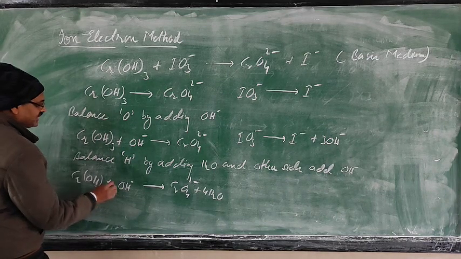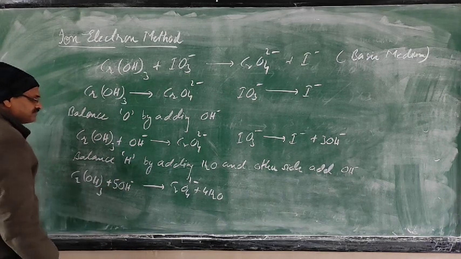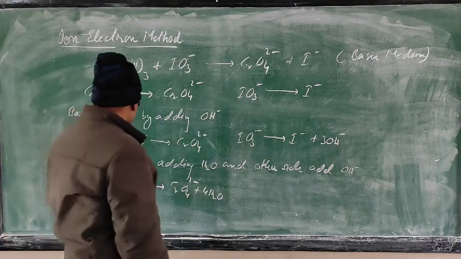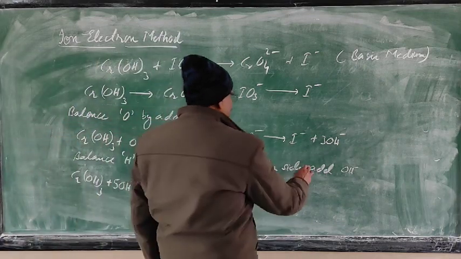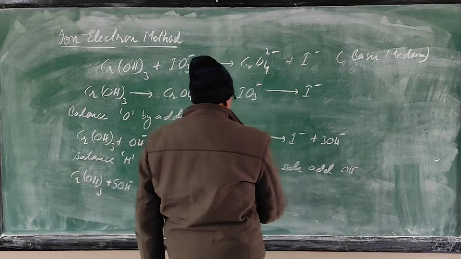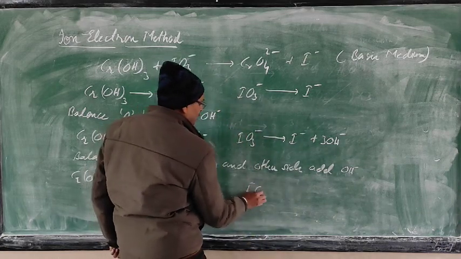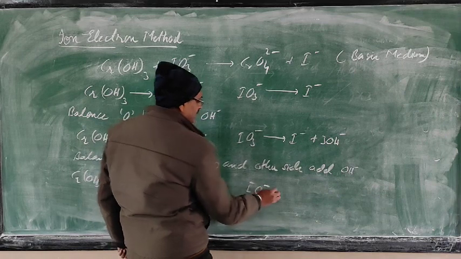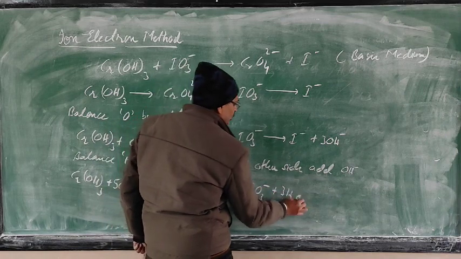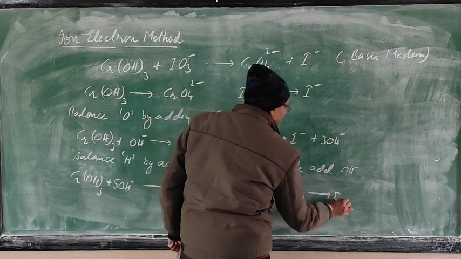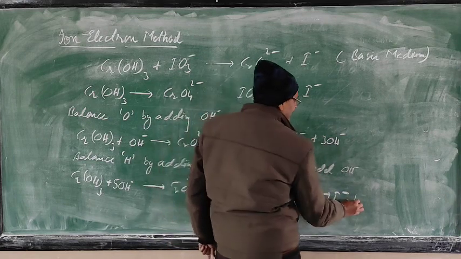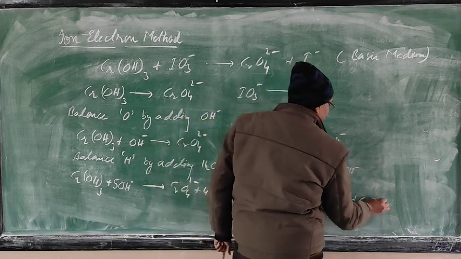This one is already there, so it will become 5 OH. In the other one, hydrogen is 3, so you add 3 H2O and 3 OH. So IO3 negative plus 3 H2O gives I negative, and 3 OH added makes 6 OH.